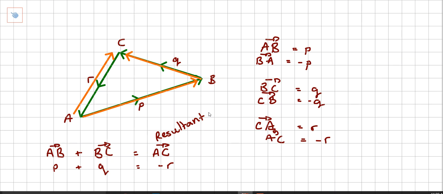So the resultant is basically the shortcut. Now, I've just heard a couple of you mention the resultant force. That's because when we look at vector quantities, a resultant force will make something happen.